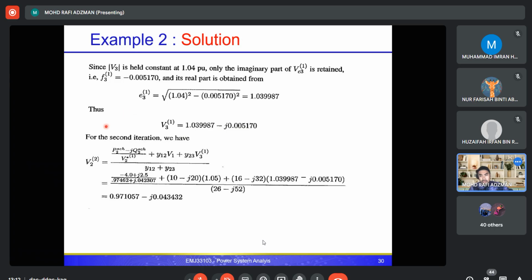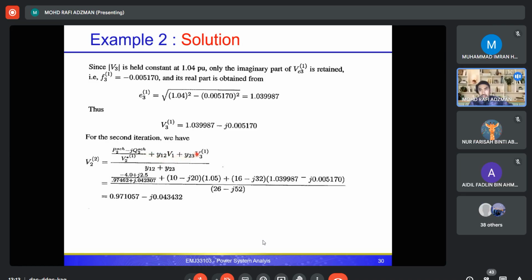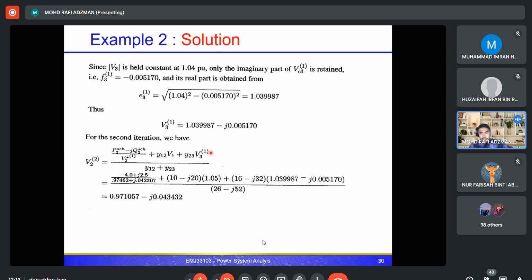So now move to the second iteration. For the second iteration, you do the same steps again for bus number 2. Bus number 2, second iteration, equal to P2 schedule minus jQ2 schedule divided by V2 conjugate for the first iteration, plus Y12 times V1 plus Y23 V3 first iteration, and divided by your diagonal element, which is Y12 plus Y23.